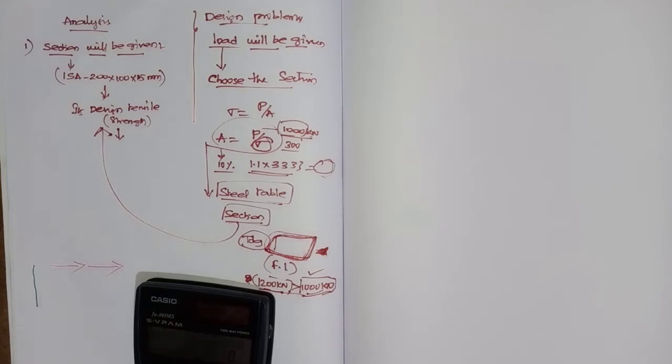Welcome back to another session on problems on design of tension members from the steel structures subject. In the previous class we discussed the design of tension members, different forms of tension members, and applications of tension members.